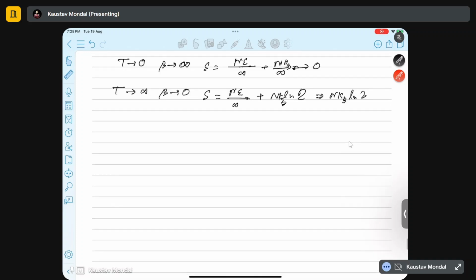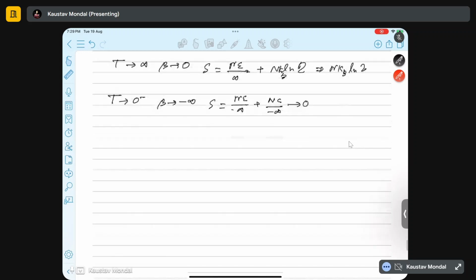Next you will do T tends to 0 minus, so beta tends to minus infinite. In this case also, N epsilon to the power minus infinite, whatever, so this also tends to 0. Lastly, T tends to minus infinite, so beta tends to minus 0.